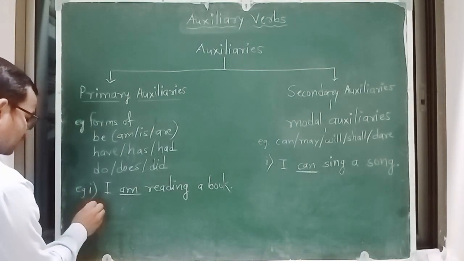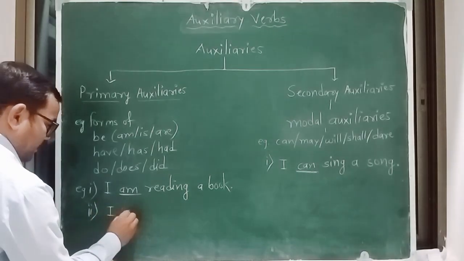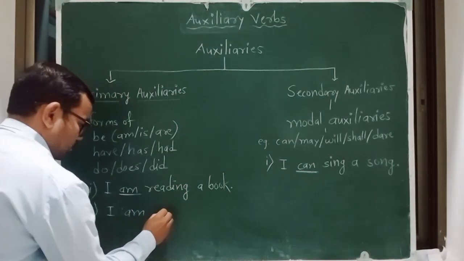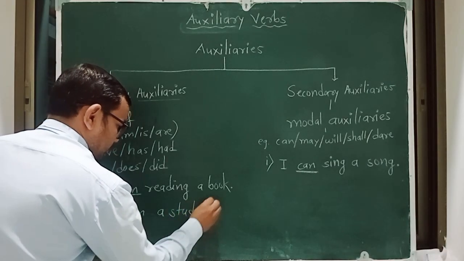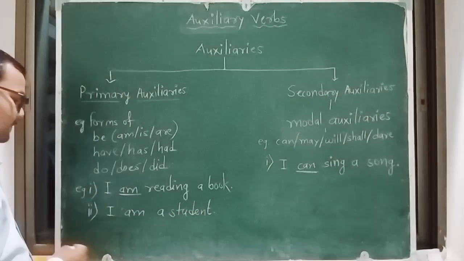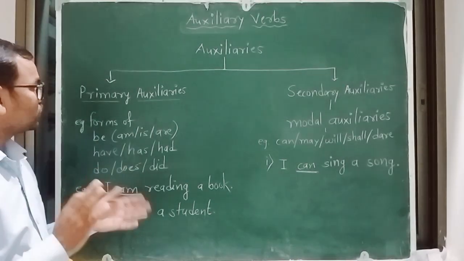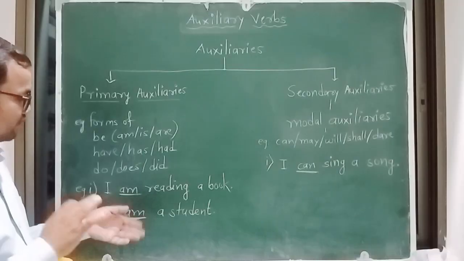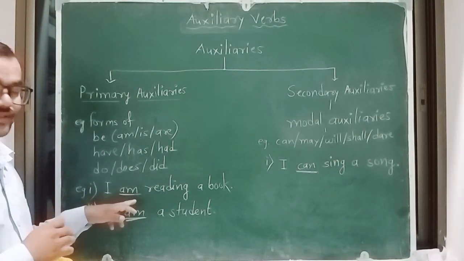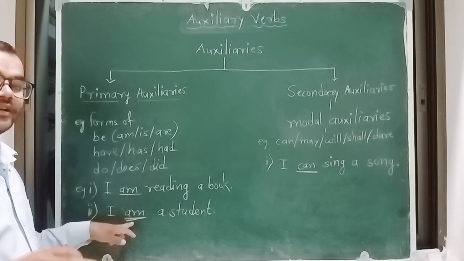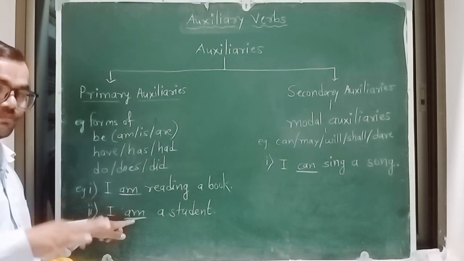And if you see the next example, I am a student. In this example, am is main verb. So those auxiliaries which can be used as auxiliary, or we can say helping verb in the first sentence, and in the second sentence, main verb, right?